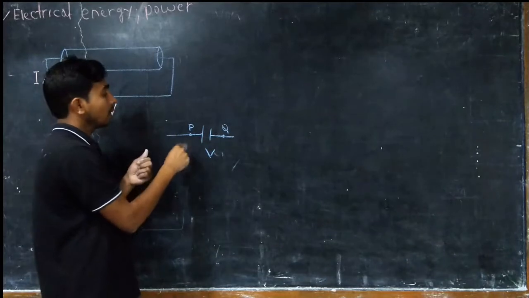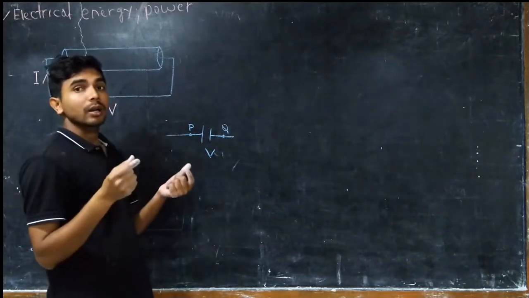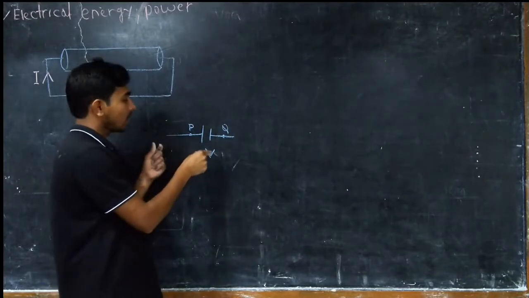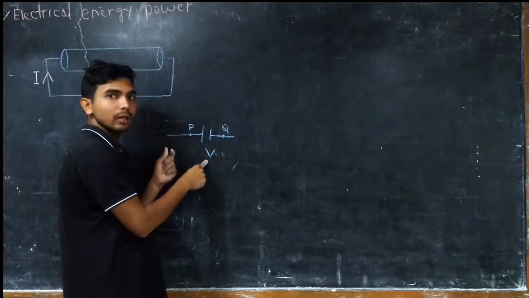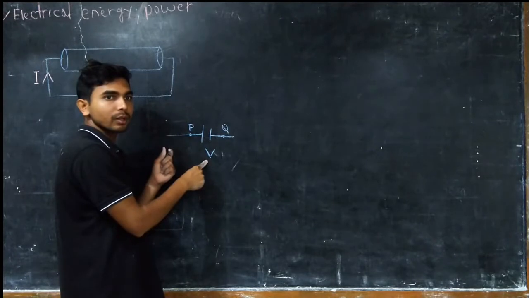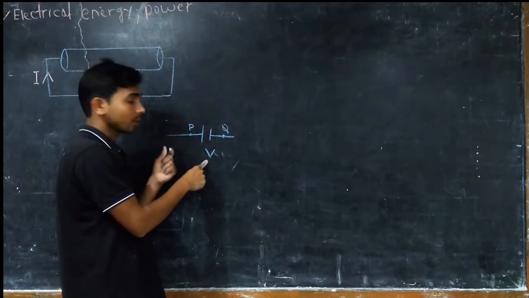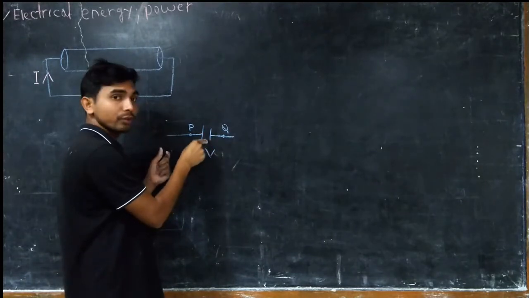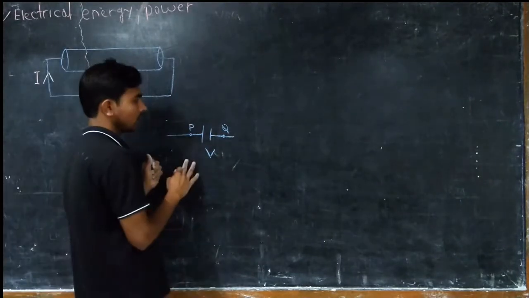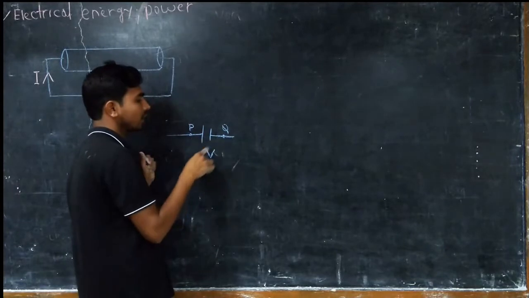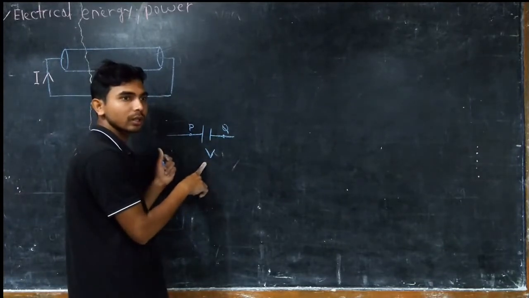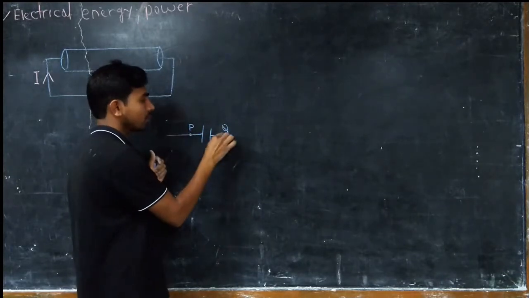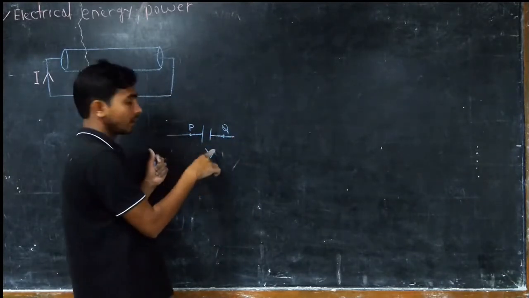So if across these points a battery of potential V is connected, then this battery will create a potential difference of V across this one.